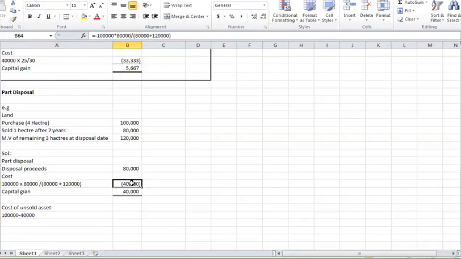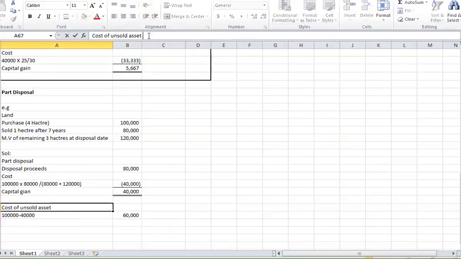So this is the cost of the 1 hectare which we have just sold. So our total cost of 4 hectares was 1 lakh. We have just sold 1 hectare, and the cost of that 1 hectare is 40,000. So this is your answer, 60,000 pounds. So this is the cost of the unsold asset, which is 3 hectares of land.